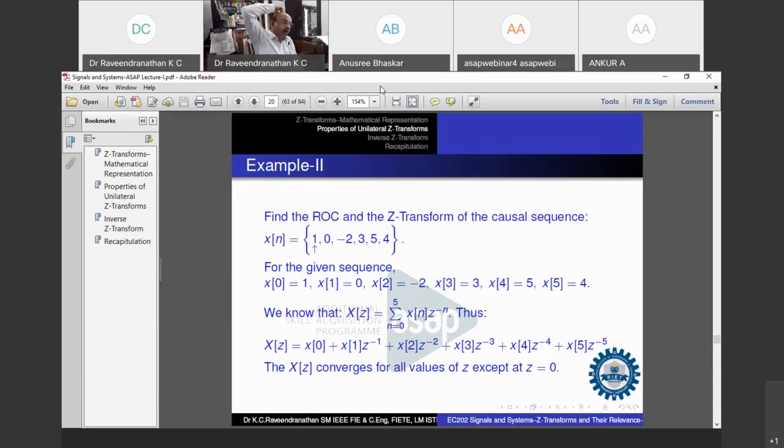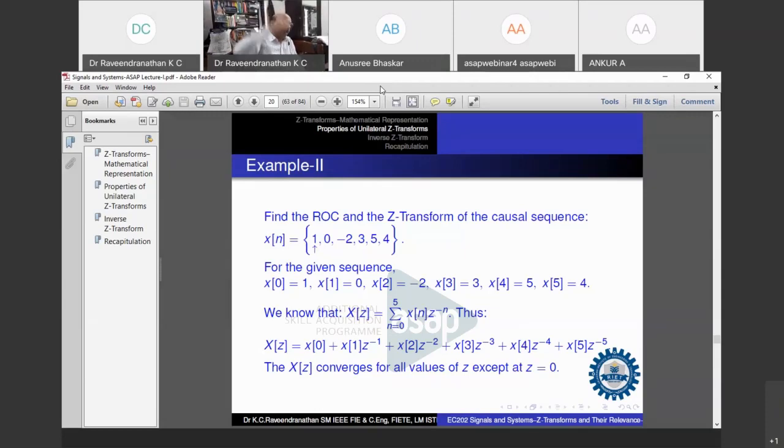Whereas u of n is an infinite support sequence and right-sided, because it is defined for all values of n equal to 0 or greater: it is 1 for n equal to 0, n equal to 1, n equal to 2, and so on till infinity.